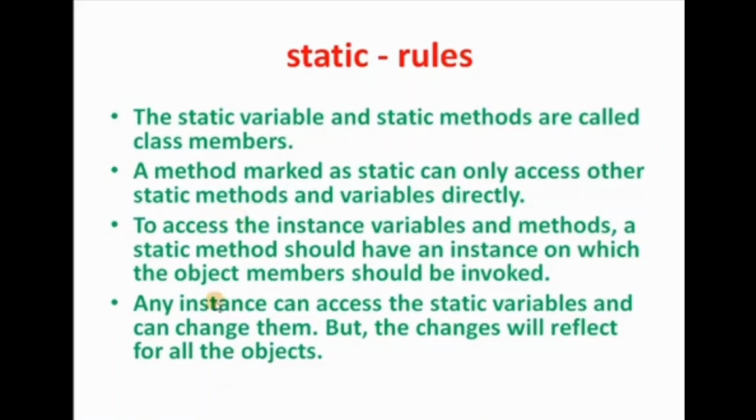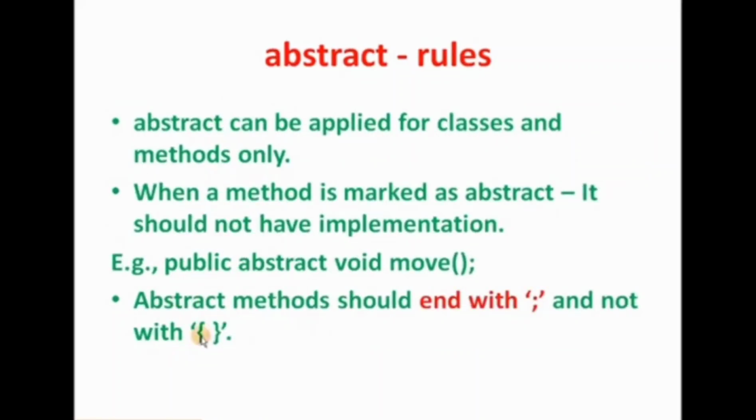Coming to abstract. Abstract is used to hide the data in Java. Abstract can be applied for classes and methods only. When a method is marked as abstract, it should not have any implementation.